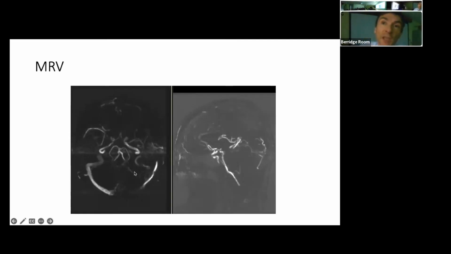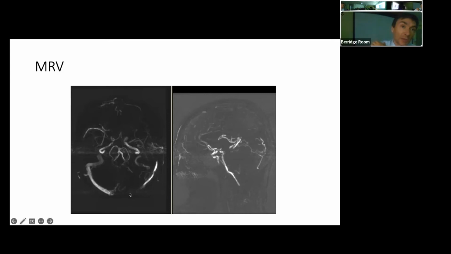And then just to rehearse the MRV, this is quite an old style MRV, but similar to that case that I showed. On the sagittal image, there's no filling of the sagittal sinus, which you'd expect to see on MRV. On the axial acquisition, or this axial MIP, you can see flow signal in the lateral sinuses, a bit asymmetric.